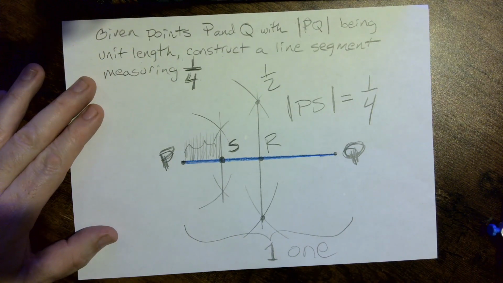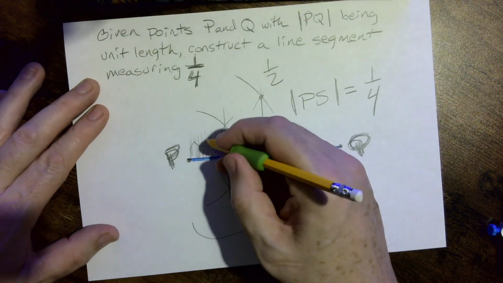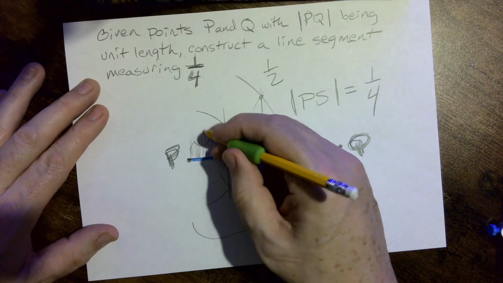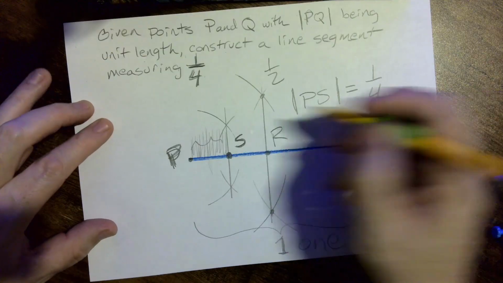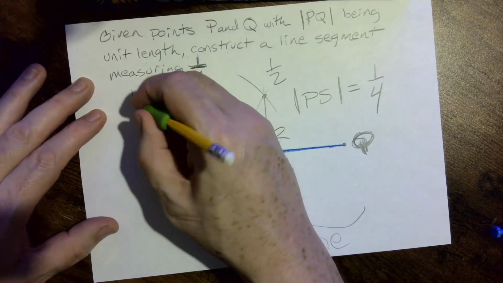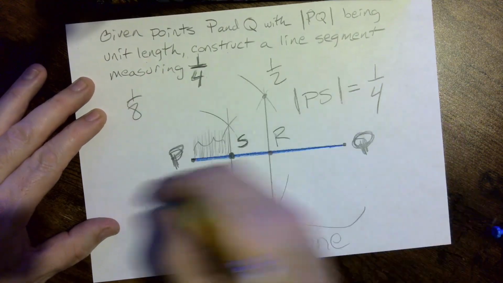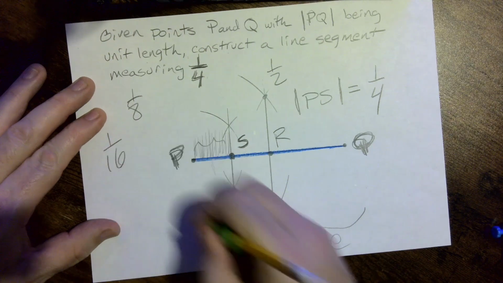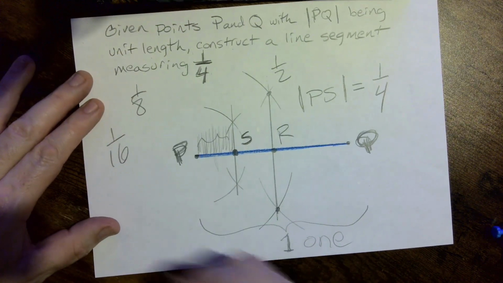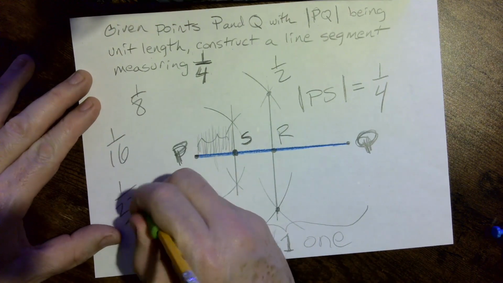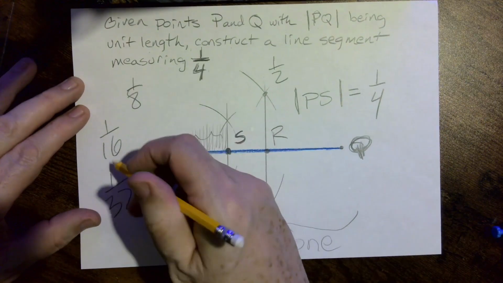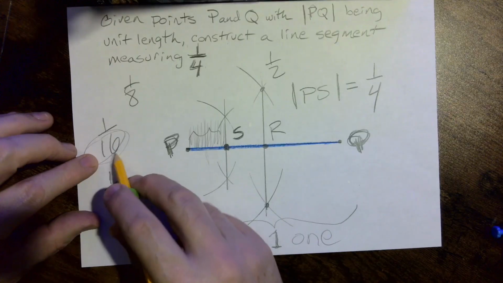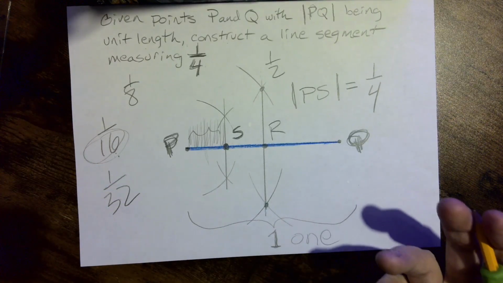We could find a perpendicular bisector between P and S. That would give us a line segment that's 1/8. You'd do that again, get a line segment that's 1/16, 1/32. But how would we get a line segment that doesn't have anything to do with the power of 2?